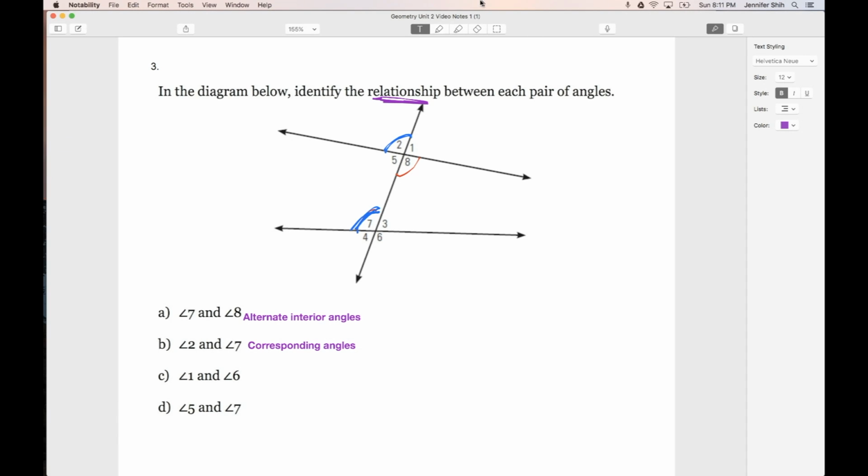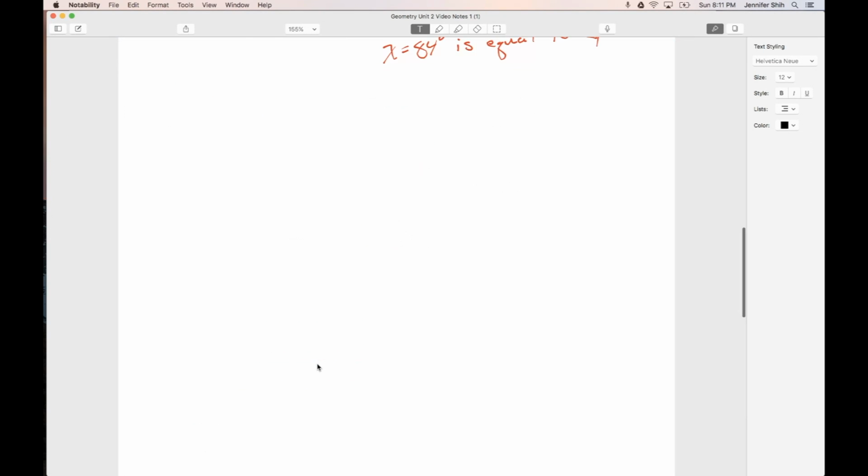What about angle 1 and angle 6? These are on the exterior. The first thing I noticed, they're on the exterior sides of these lines, and they are not corresponding because they're not both in the top right-hand corner.